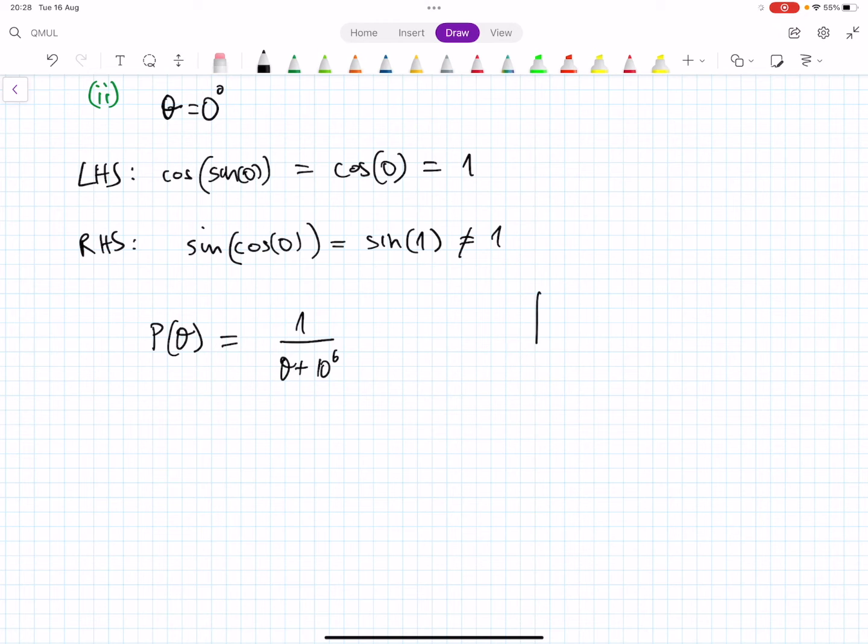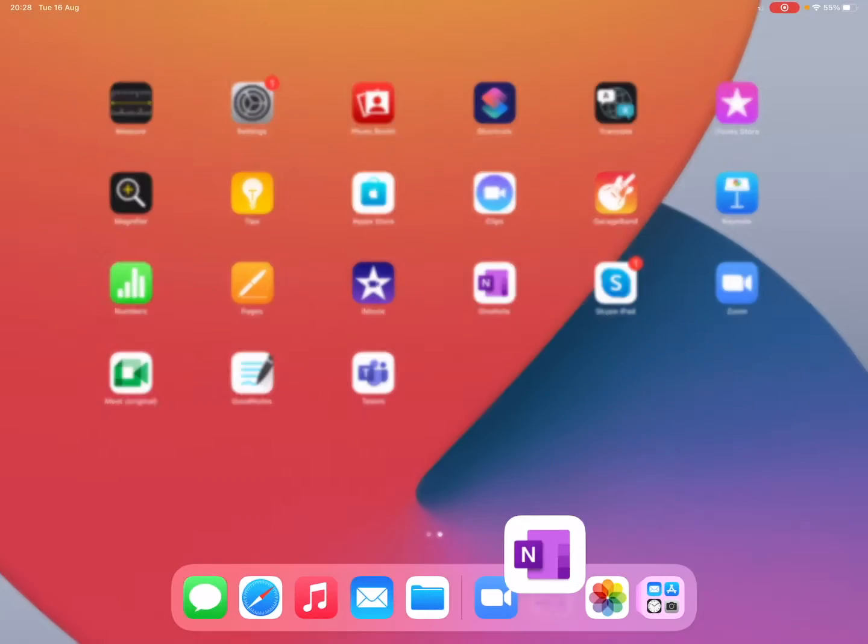Because what we are doing here is that we have the 1 over theta graph, and we're shifting it by 1,000,000. So where it cuts the axis would be 1 times 10 to the minus 6. Why don't we look at Desmos?